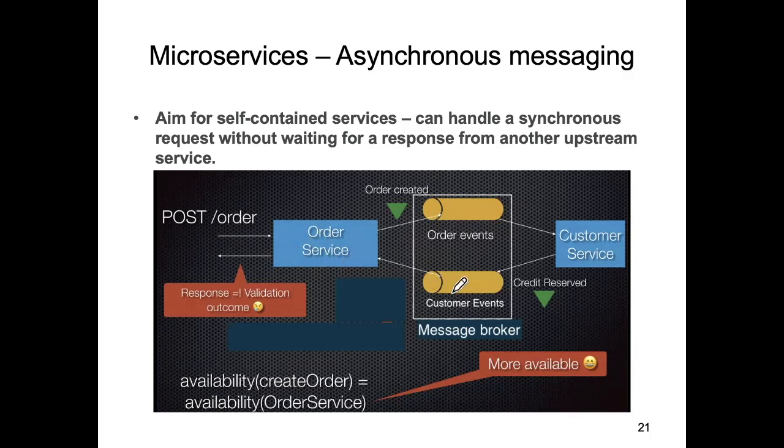And it's only later when the customer service places a response into this queue and the order service processes it. It's only then that it can tell the client on the left, your order has been successfully accepted, let's say. So there are consequences to having asynchronous communication between services as opposed to synchronous.